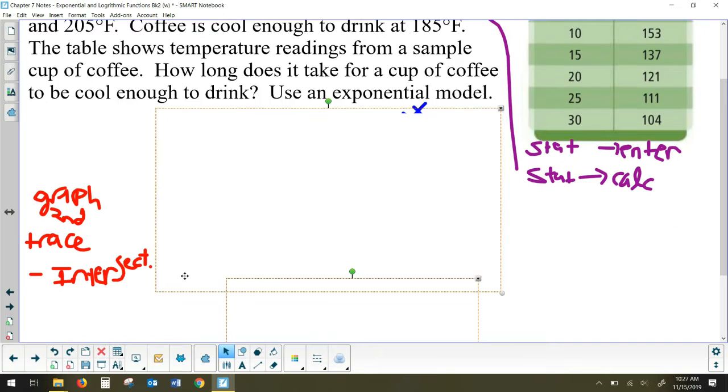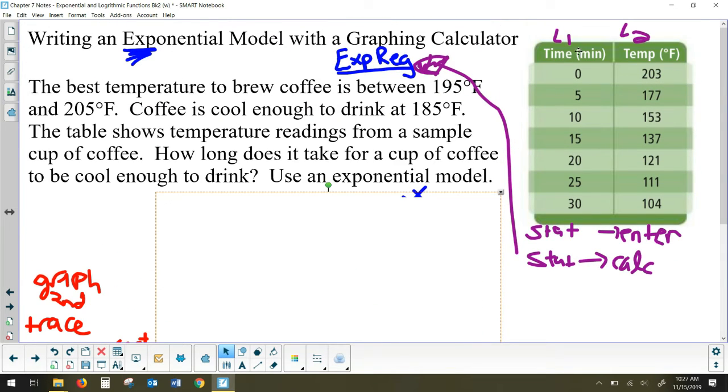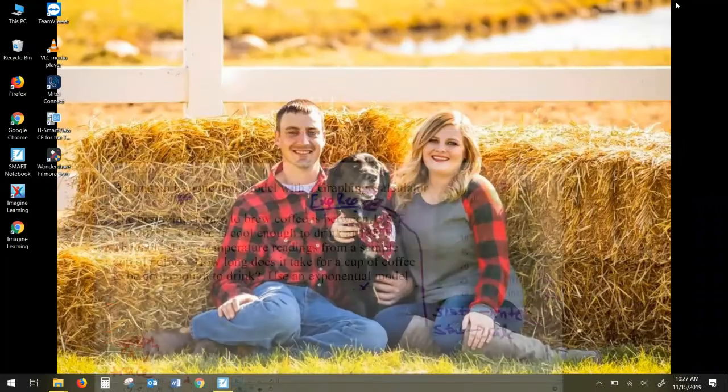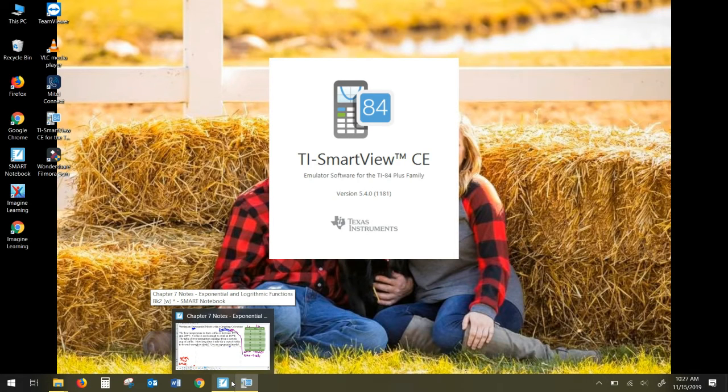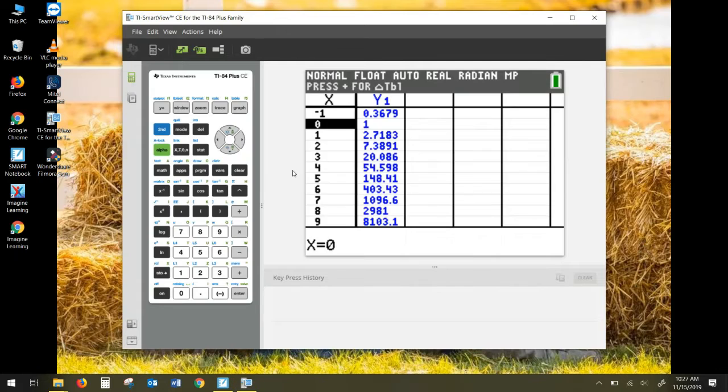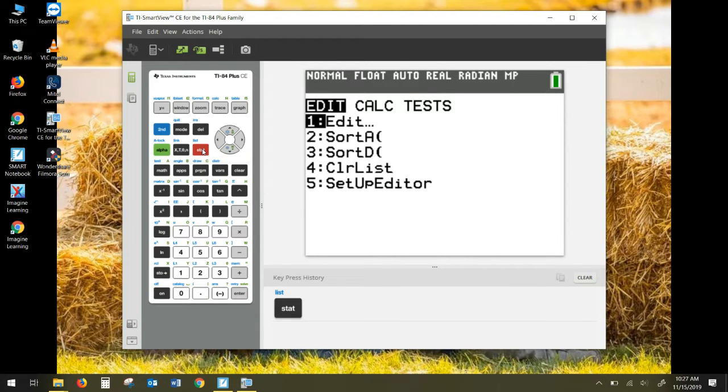Okay, exponential models. You are going to enter this into your calculator in list 1 and in list 2. So, you have your calculator. If mine would load, you'll enter all that. You'll end up going to stat, enter.